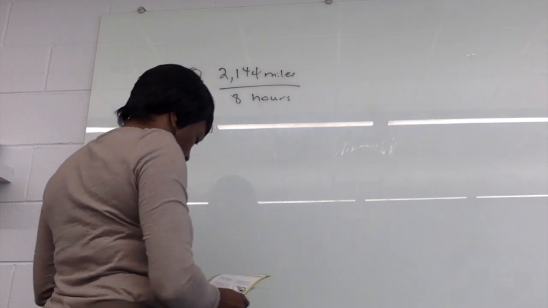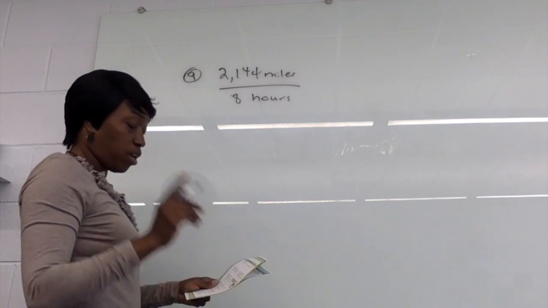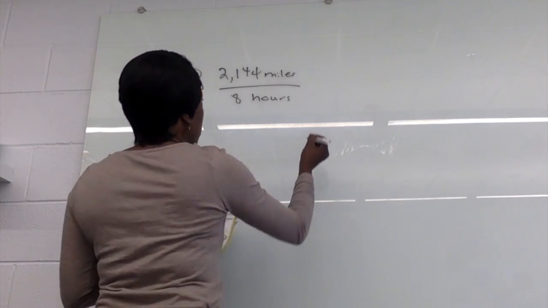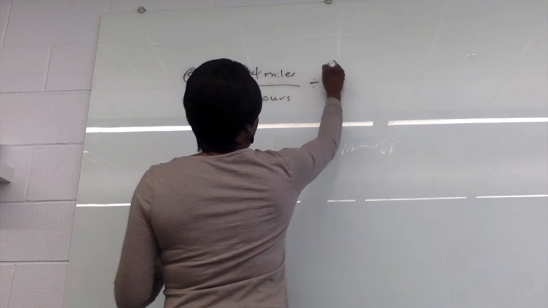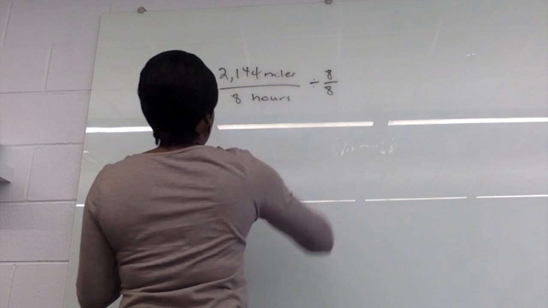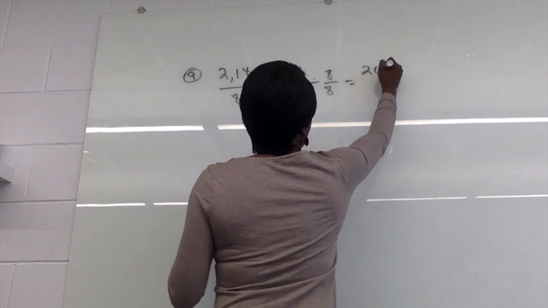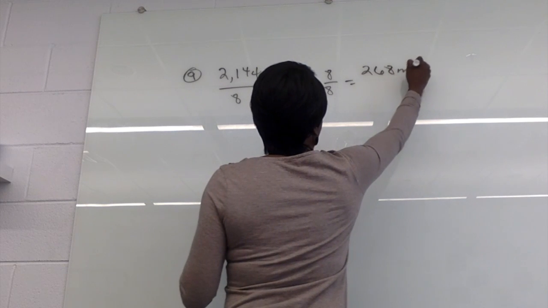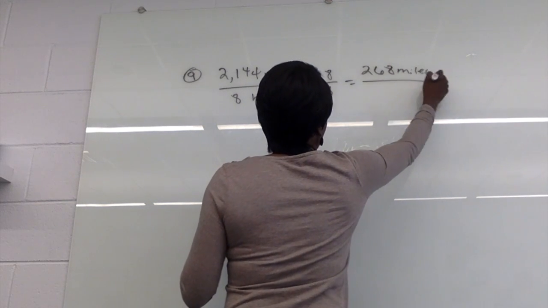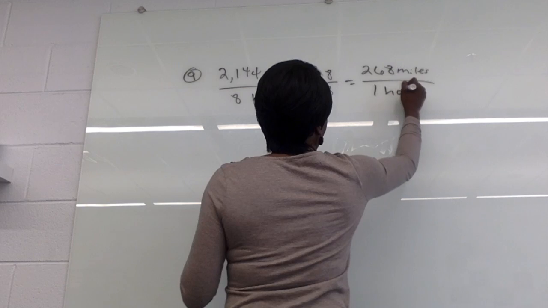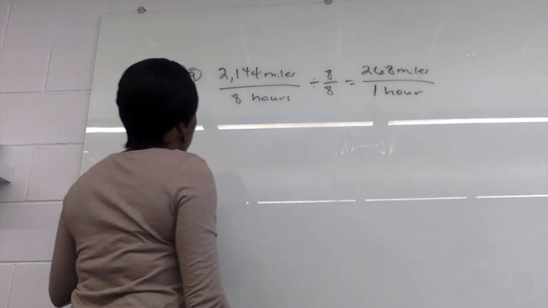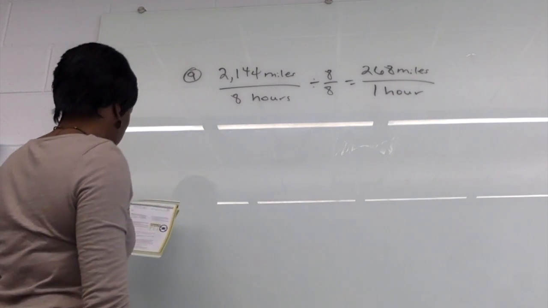Now part A says, how many miles does it travel in 1 hour? You simply divide by 8. When you divide by 8, you're going to get 268 miles in 1 hour. So that would be your answer for part A.